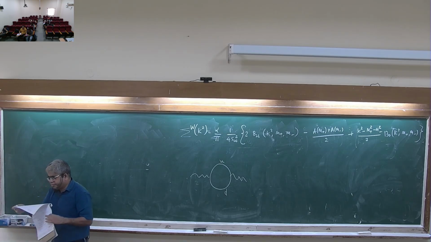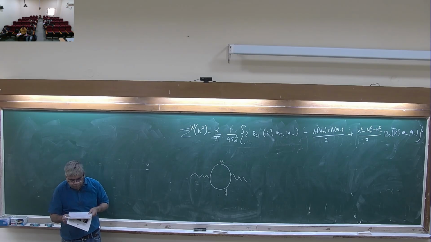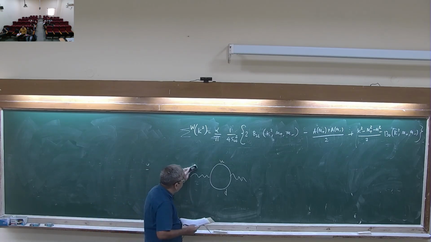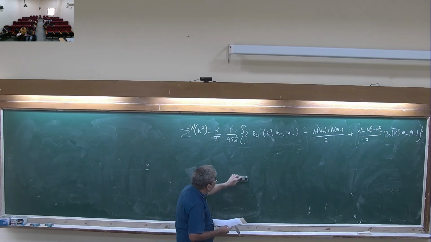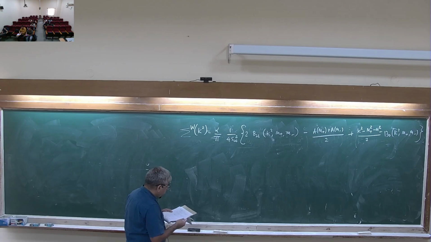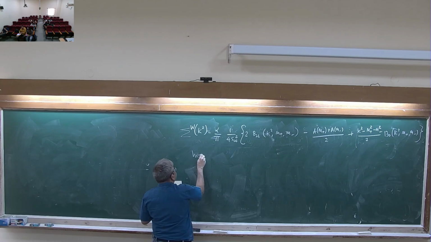Okay, and you can actually derive the formula. What happens again, like we do for the top quark essentially, for heavy fermions, I'll just write it for heavy fermions.